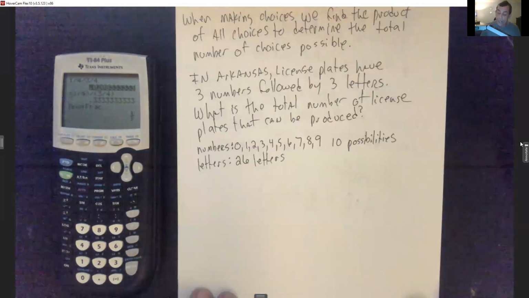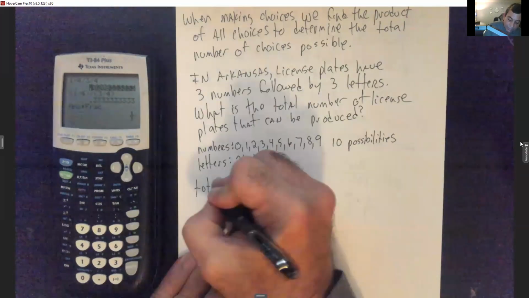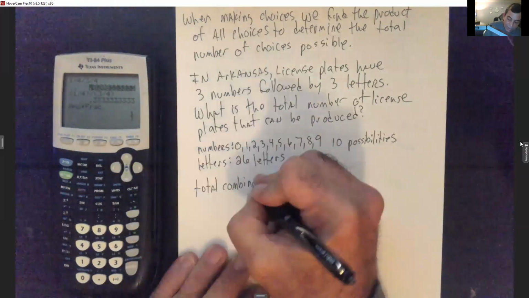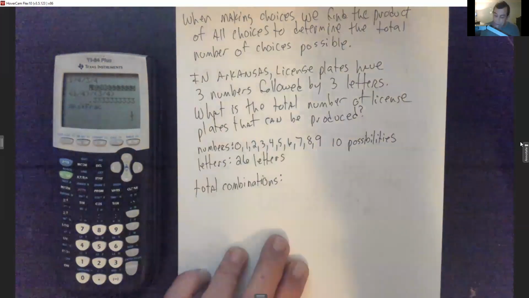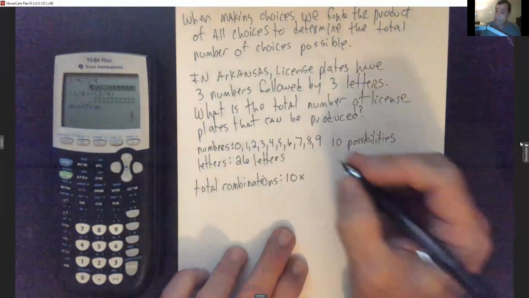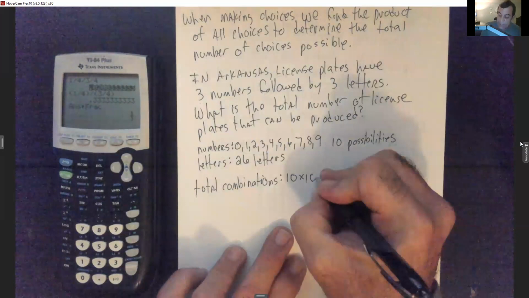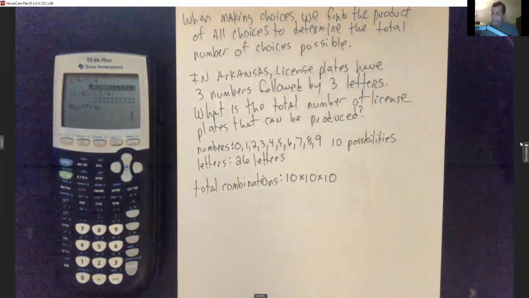So to find the total combinations, I would take all the possibilities for the numbers, and I had that 3 times, right? So I got 3 numbers, which will be 10 possibilities for the first number, 10 possibilities for the second number, times 10 possibilities for the third number. Then guess what?